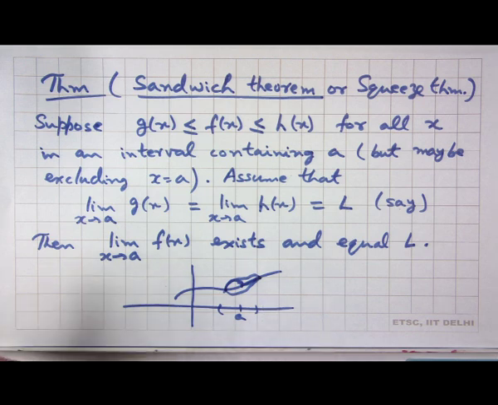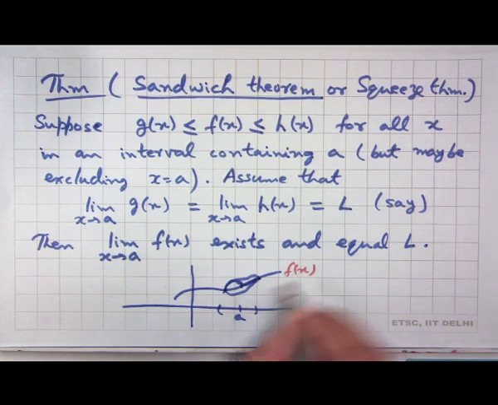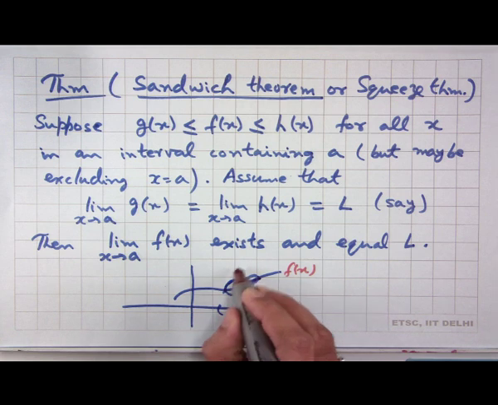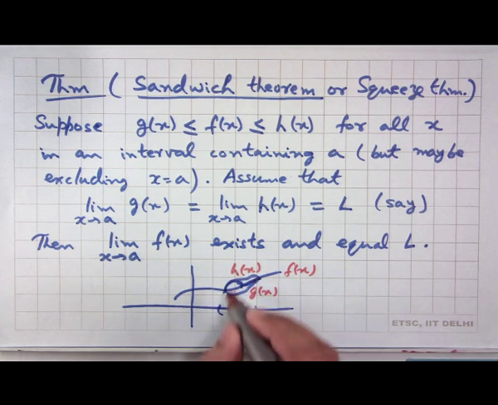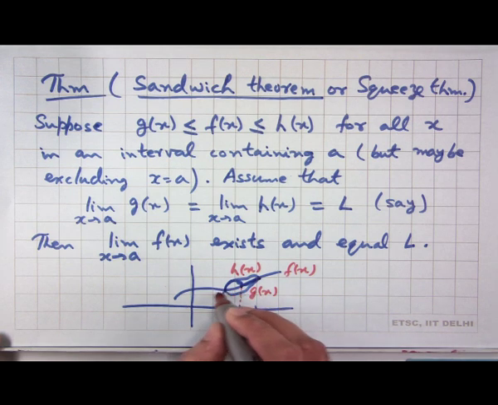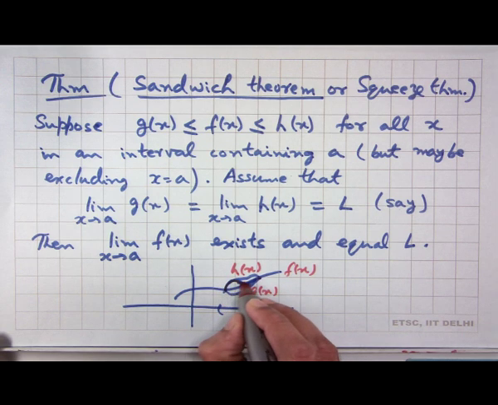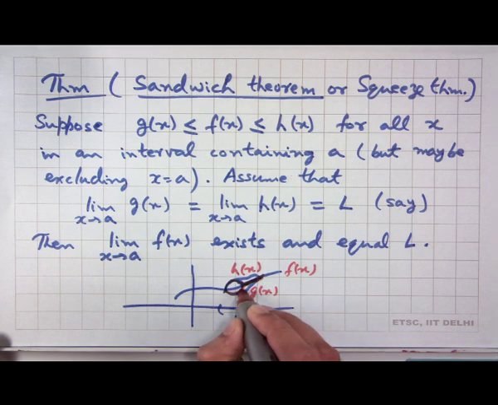Let me draw this. So, we have f of x and we have g of x and h of x. In case the limit at this point of the upper function h of x and the lower function g of x are both the same, then the limit of f of x is also the same.